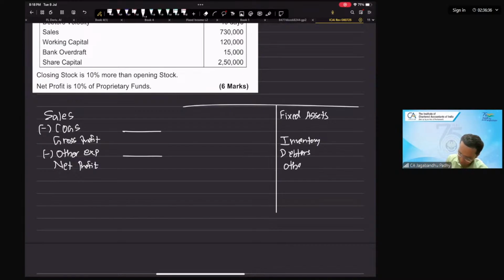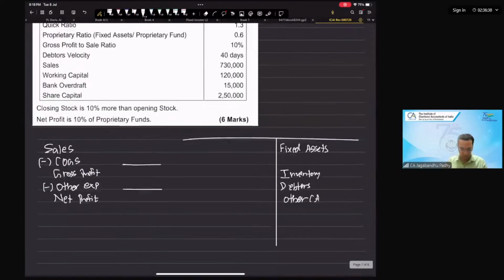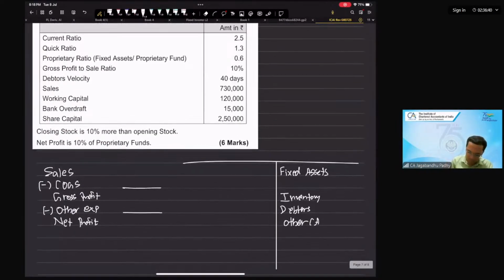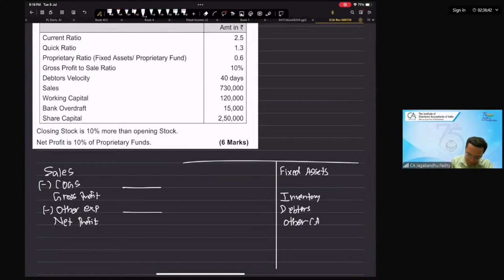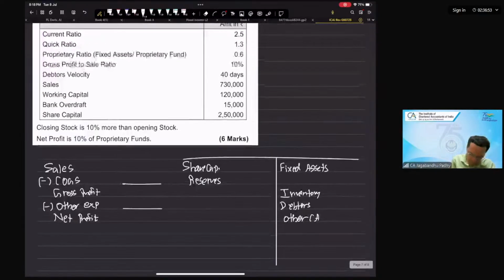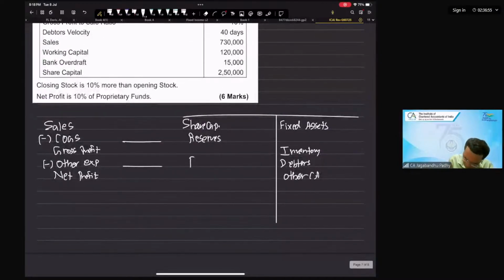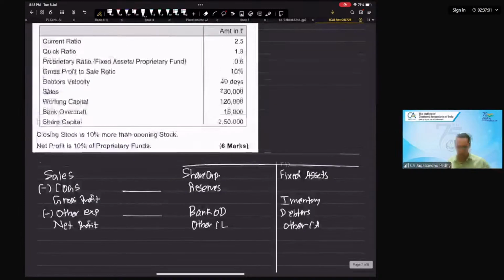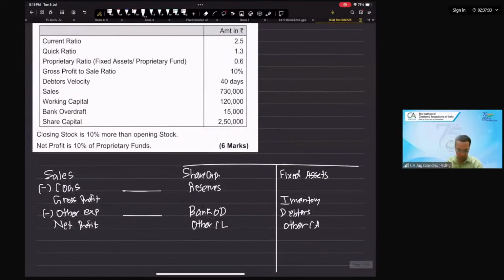And then other current assets. On the liability front, we have share capital. Reserves is something that we need to compute. Long-term loan, there doesn't seem to be anything, but yes, we have a bank OD. And the other thing is going to be other current liability. So whatever values are available, let's just try to put it in.